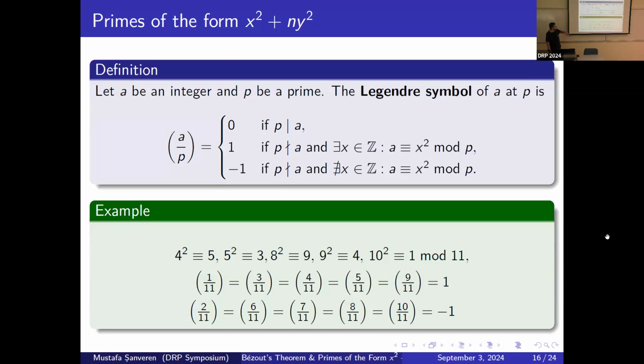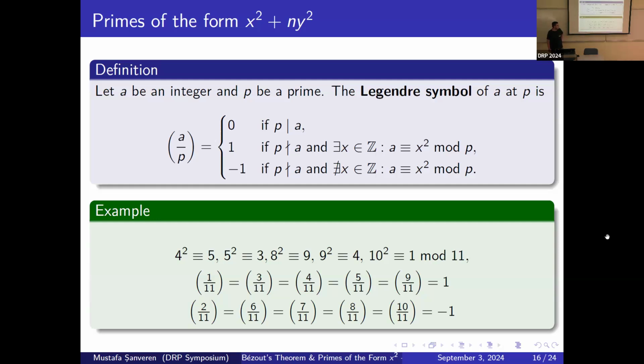And for later use, we need the definition of the Legendre symbol. The Legendre symbol of a, where a is an integer, at p is defined by these conditions. If p divides a, then this symbol is equal to 0.